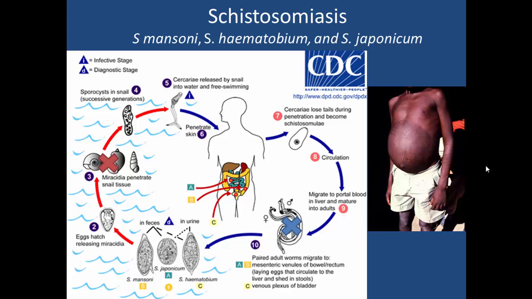There is a drug called praziquantel, which attacks the adult form of the parasite in the human, but you can also use pesticides and snailicides to kill snails in the rivers. Just like DDT with malaria, that is effective but has a lot of environmental concerns, so you need to do it judiciously if you're going to carry those procedures out.